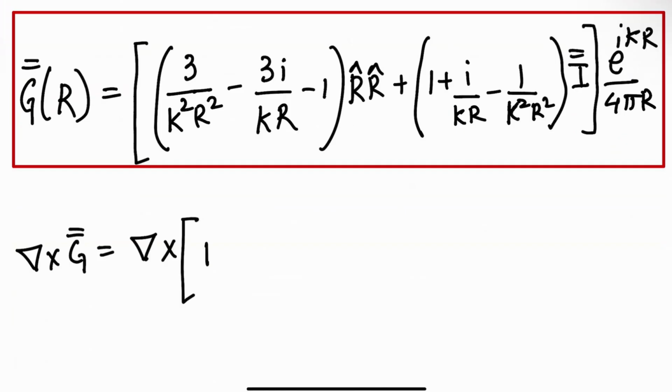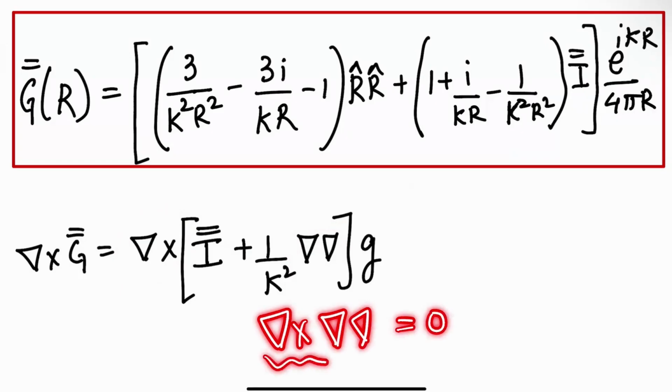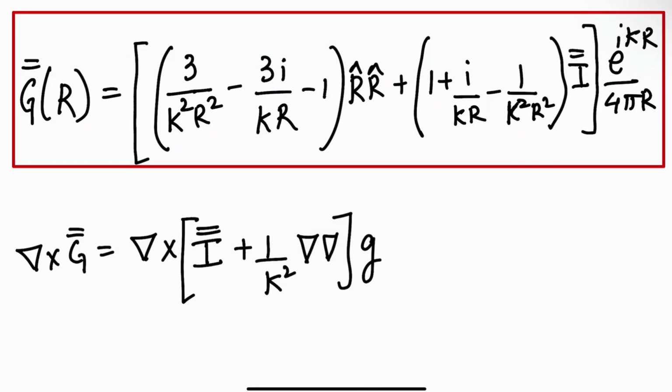I can go back to the other expression, which was identity times 1 over k squared del del of g. Now if we take the curl inside, the curl applies on this dyadic. But we saw that the curl of a dyadic is equal to 0 because the curl of a gradient is 0, and we saw it earlier in the derivation as well. So this whole thing goes to 0.